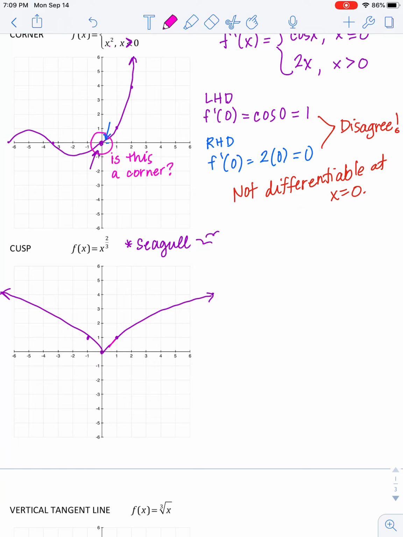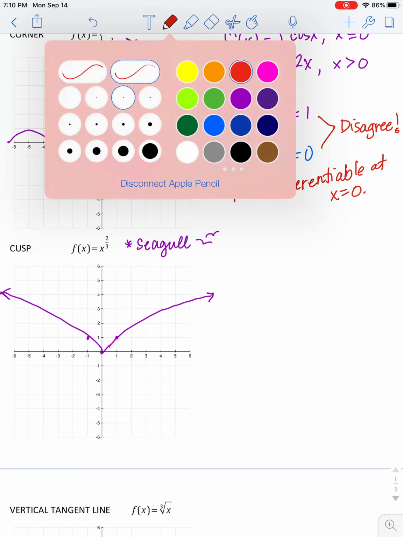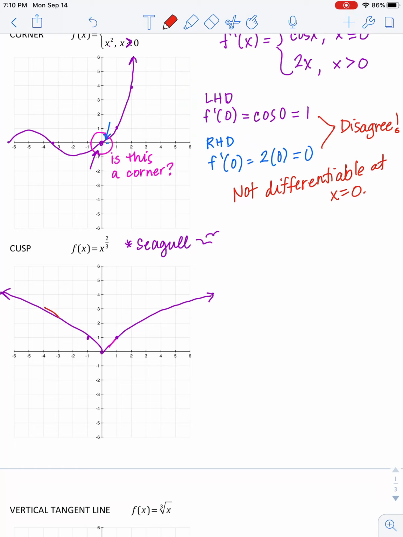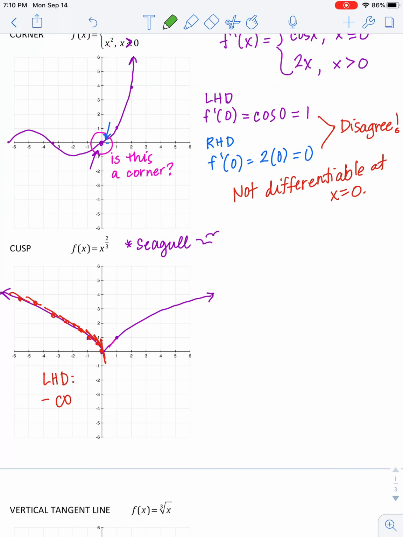Let's think about what the derivatives are doing on the left-hand side of this function and on the right-hand side. Let's do the red side here. If I'm picturing teeny tiny tangent lines all the way along here, these tangent lines get steeper and steeper in a negative direction as we move towards the origin. So the left-hand derivative is negative infinity as we approach 0.